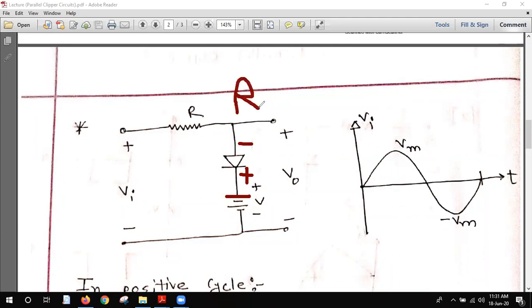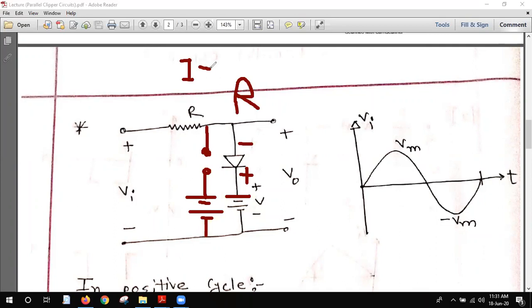So when it is reverse bias, this diode will be an open circuit, and the branch will be open. So when the branch is open, there will be no current flow. I will be zero.